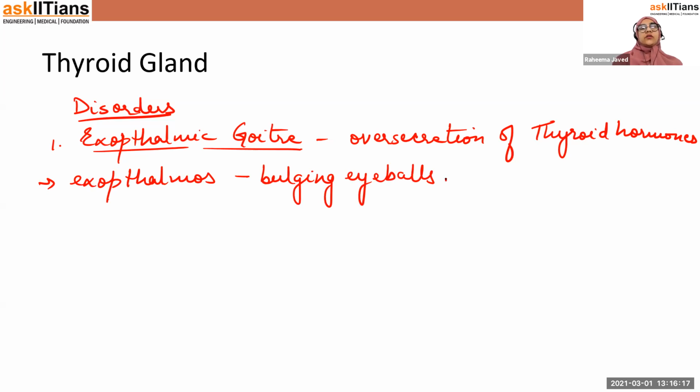Okay, so that's why it is known as exophthalmic goiter. It is also known as Graves' disease.